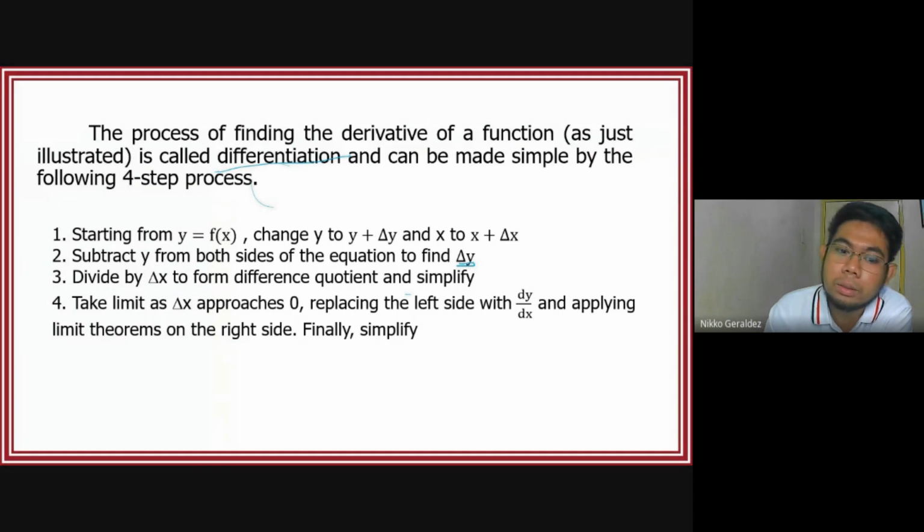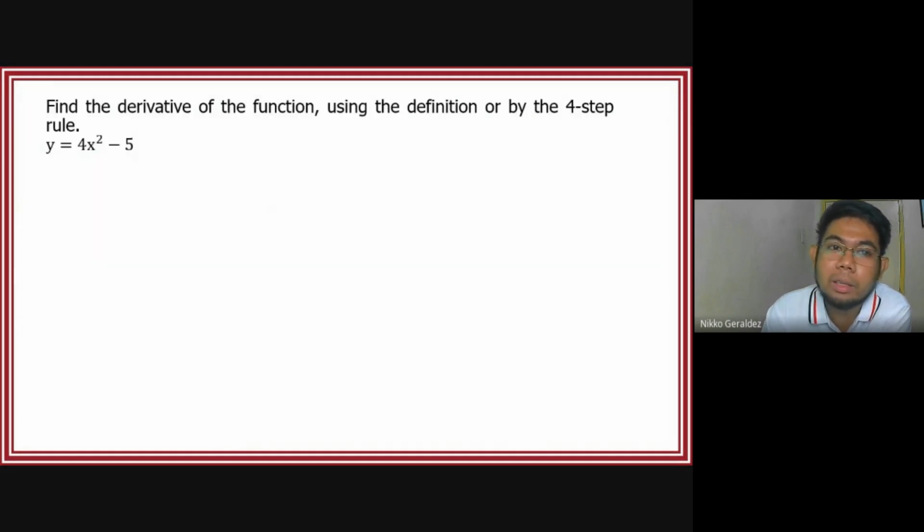Example: find the derivative of the function using the definition, or by the 4-step rule. You have y is equal to 4x squared minus 5. Step 1: change y to y plus delta y, and change x to x plus delta x.